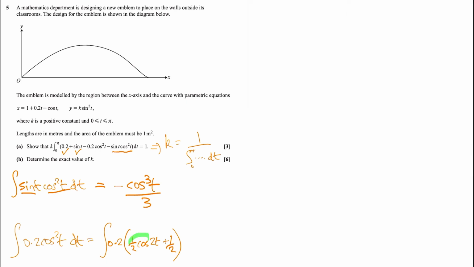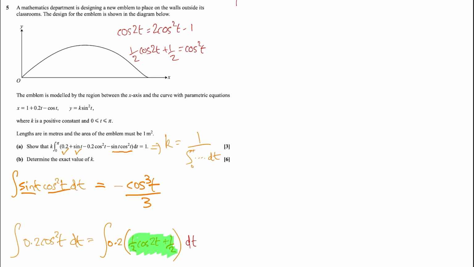It comes from the double angle formula, okay? So it is beneficial if you can memorize that cos of 2t is 2 cos squared t minus 1, because then we add 1 to both sides and divide by 2. Okay, really, really useful. Don't let that go unnoticed. All right, so then this we will be able to integrate.